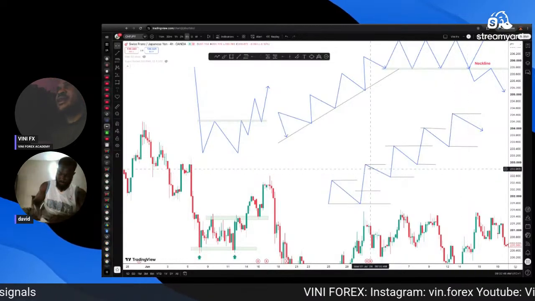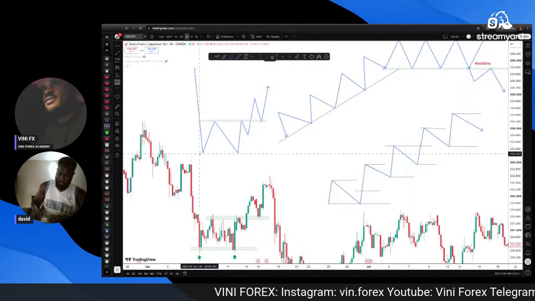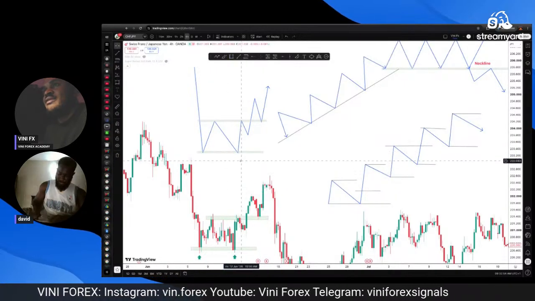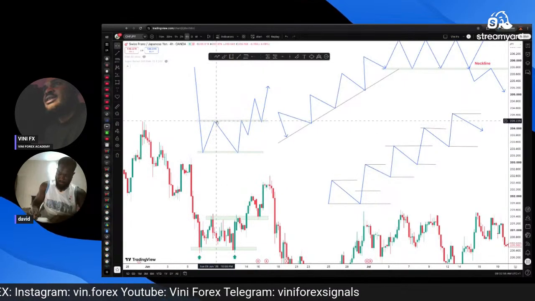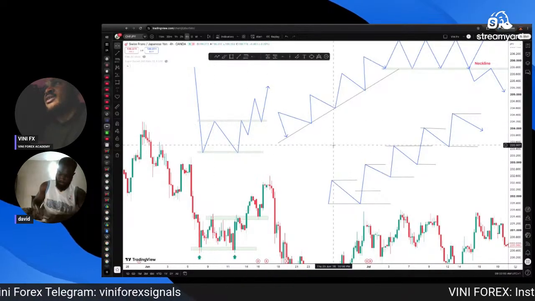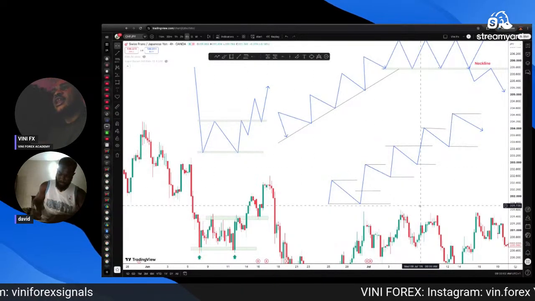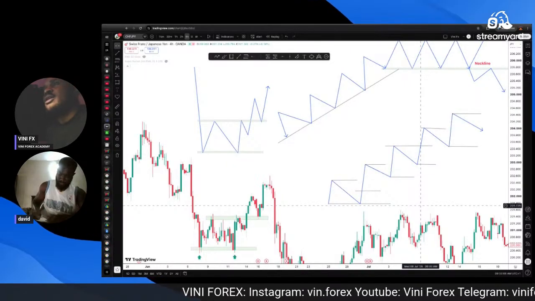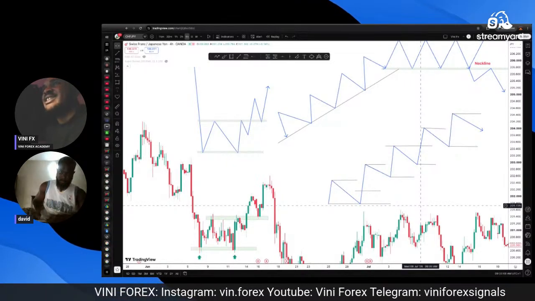The chart pattern right here is this double bottom. Since we have a double bottom, a neckline is the center level of it. You cannot say a neckline in an uptrend. There is no neckline on an uptrend. A neckline only becomes available inside a chart pattern.